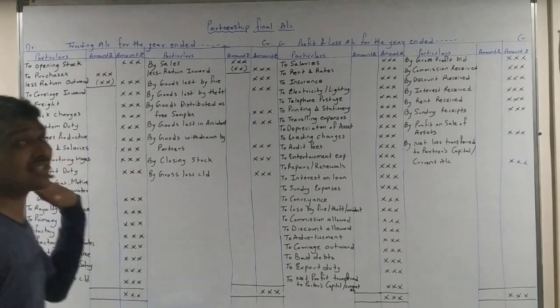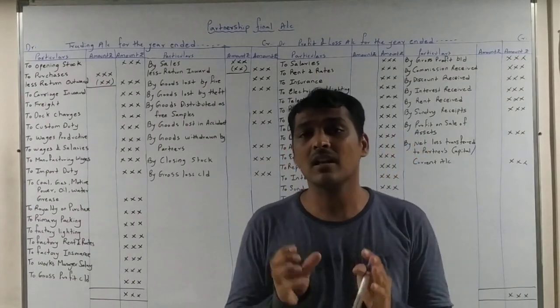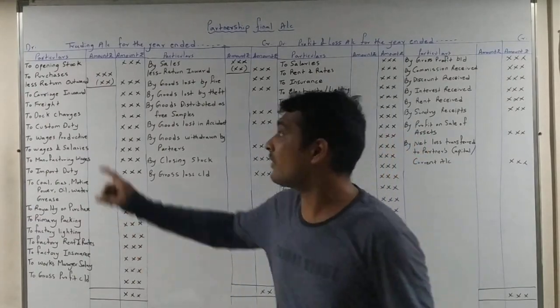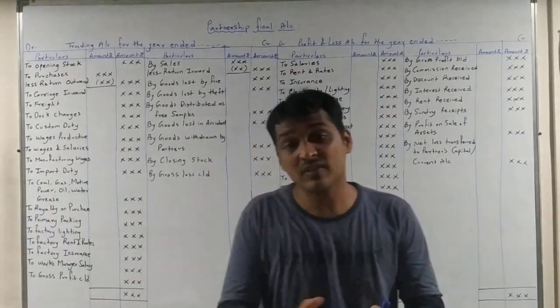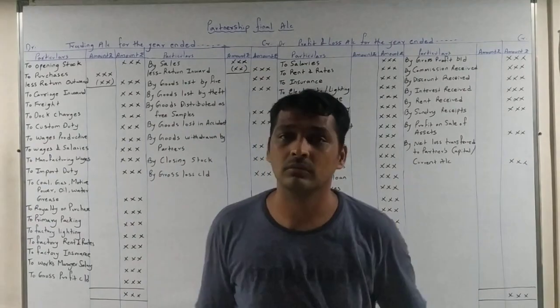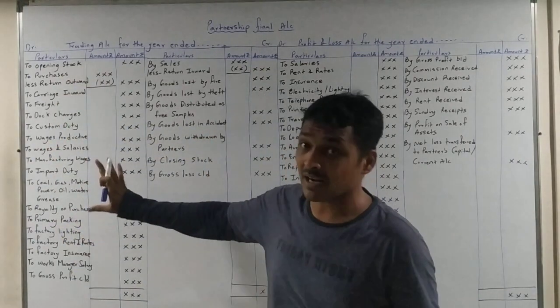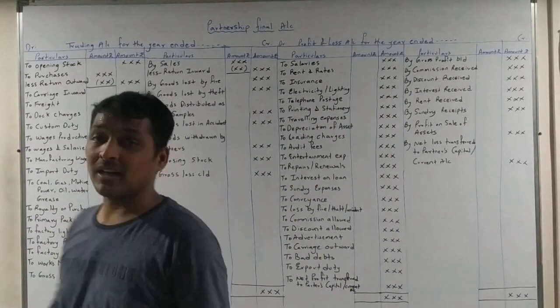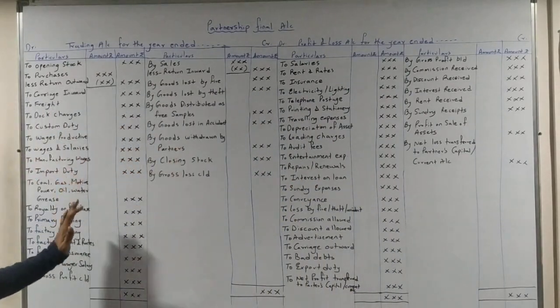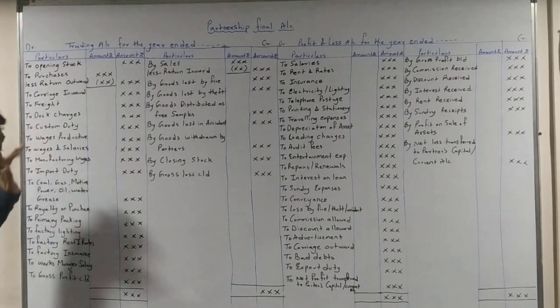Then wages and salary. Let us understand this term deeply. If wages and salary is given, we will record it under trading account. If salaries and wages is given, that will be recorded under profit and loss account. Okay. So I am talking about all the expenses which are recorded under the debit side. Then manufacturing wages is given, that is related to production, so directly it will be recorded under trading account.